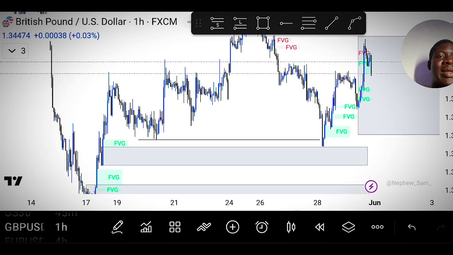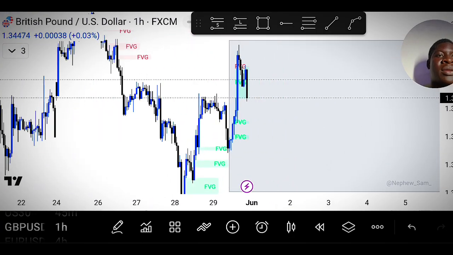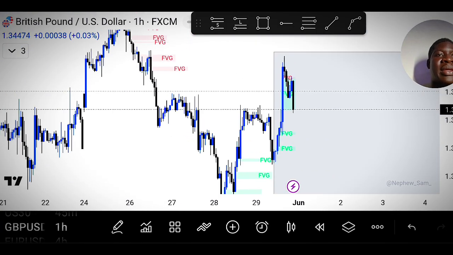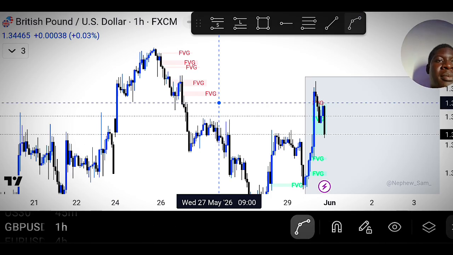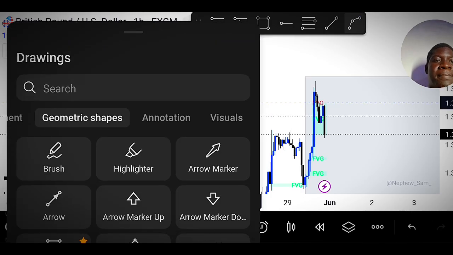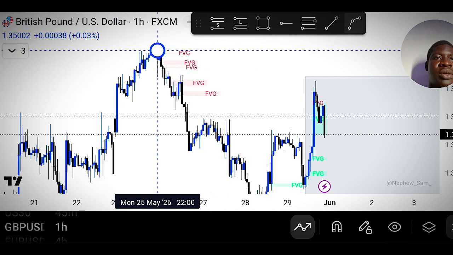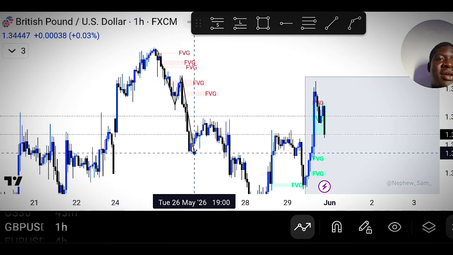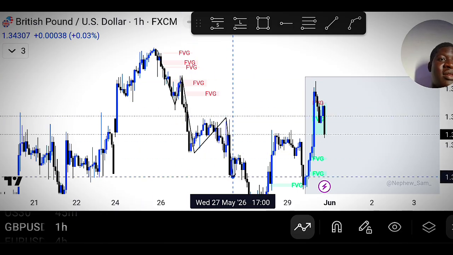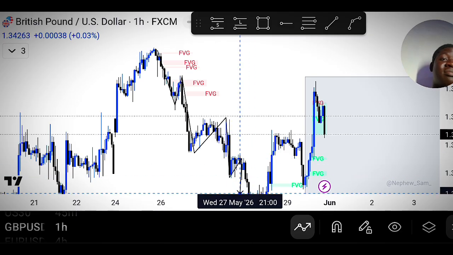On the 1 hour time frame, here we have something like this. We have lower low, lower high, lower low, lower high, lower low, lower high, as you all know.